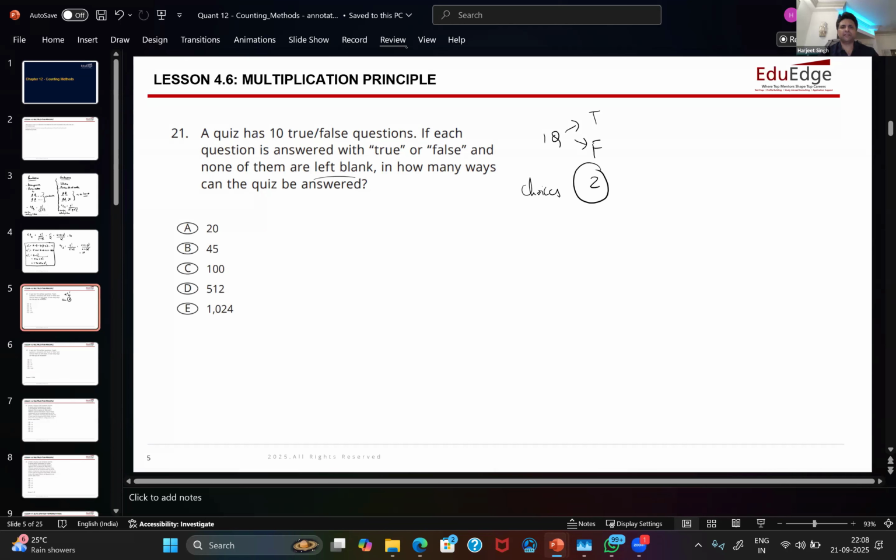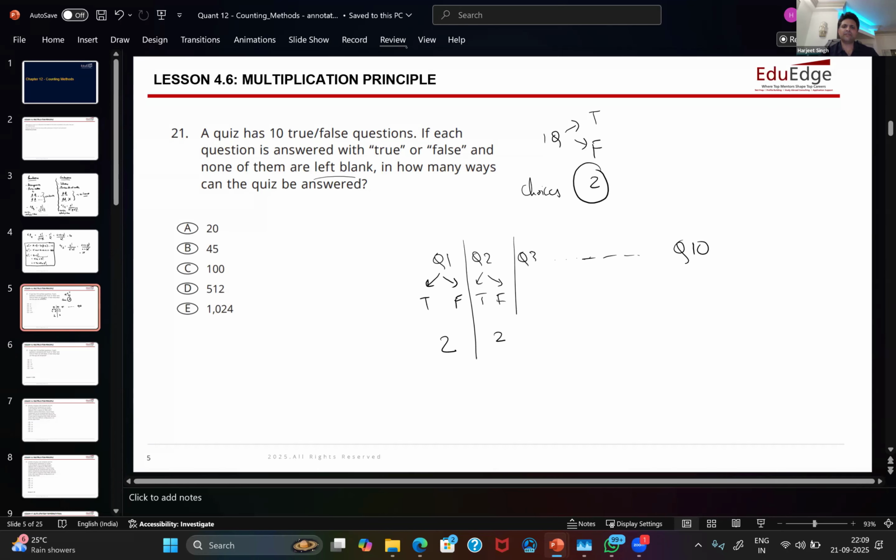Suppose I have these questions 1, 2, 3, and so on, all the way till question 10. Question 1 can be filled up in how many ways? 2 ways, right? Either the answer could be true or false. Same is the case for Q2, true or false.